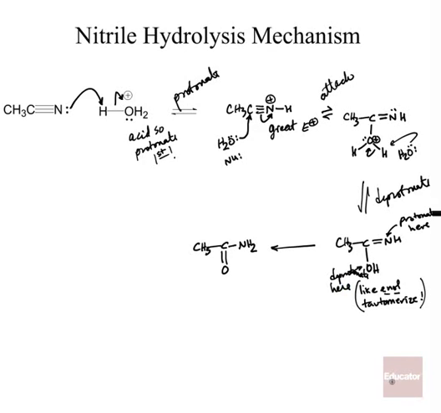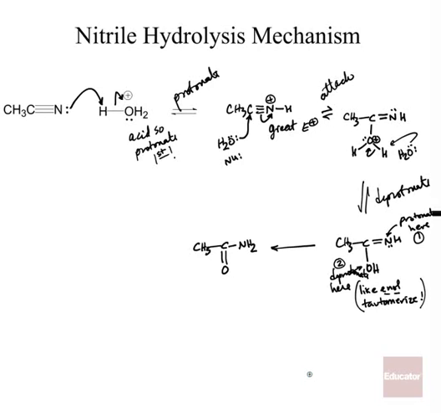And it turns out that those are the exact two steps that we have to do for the remainder of this mechanism. We have to protonate and deprotonate because we are in acidic conditions. Just like up here we protonated first, we're going to do the same thing here. We're going to protonate first, and then we're going to deprotonate second.